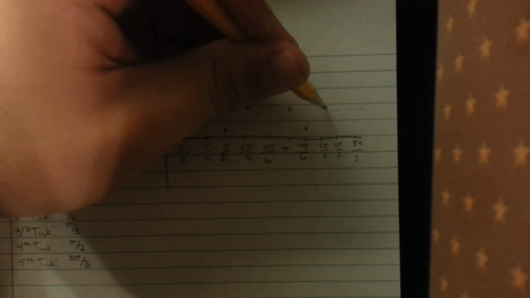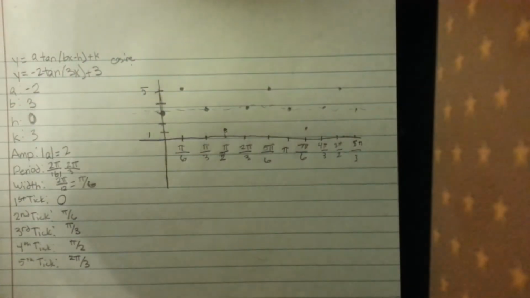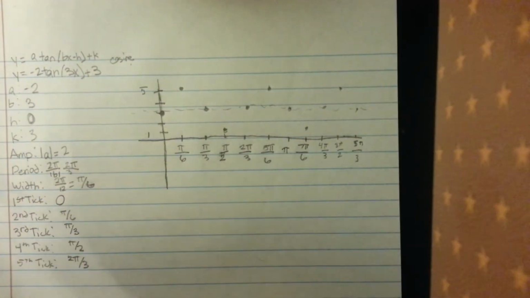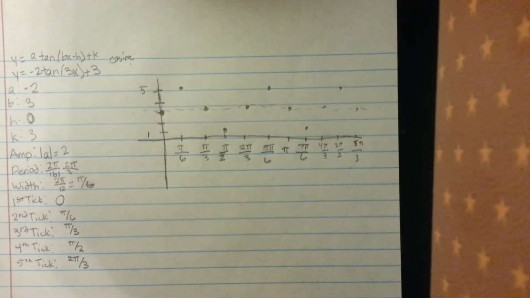So let me just draw this real quick. So now that you have your dots right here, now you can kind of see where everything goes. So now we need to draw our asymptotes. And we know that our asymptotes are going to be on the parts that are close to pi over 2.